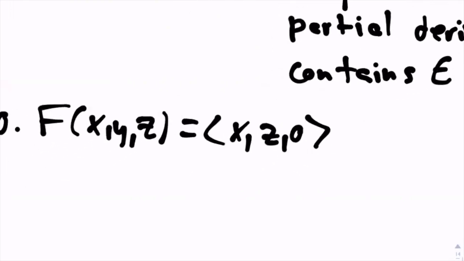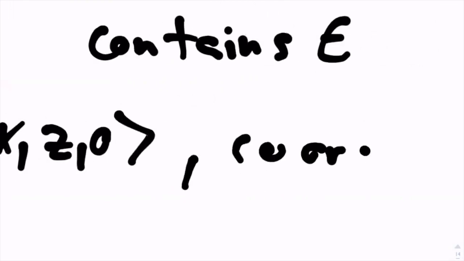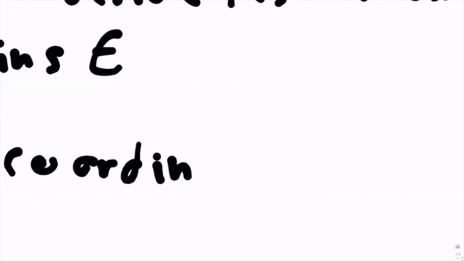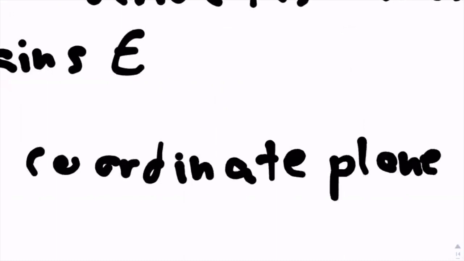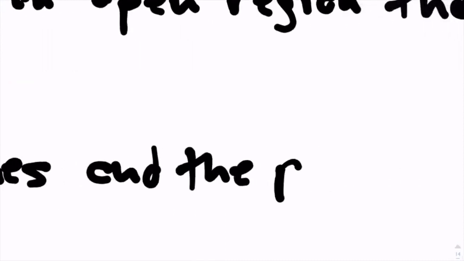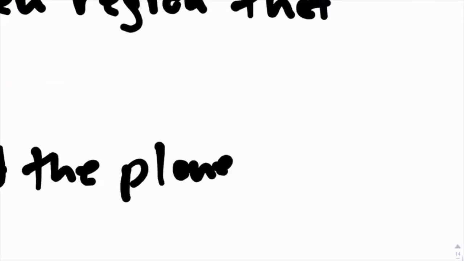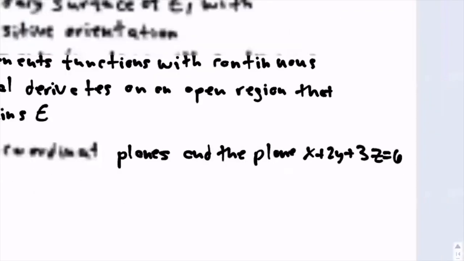Basically, number 10 is asking us to find the flux of the vector field F of x, y, z, defined by x, z, 0, out of the tetrahedron bounded by the coordinate planes and the plane x plus 2y plus 3z is equal to 6.